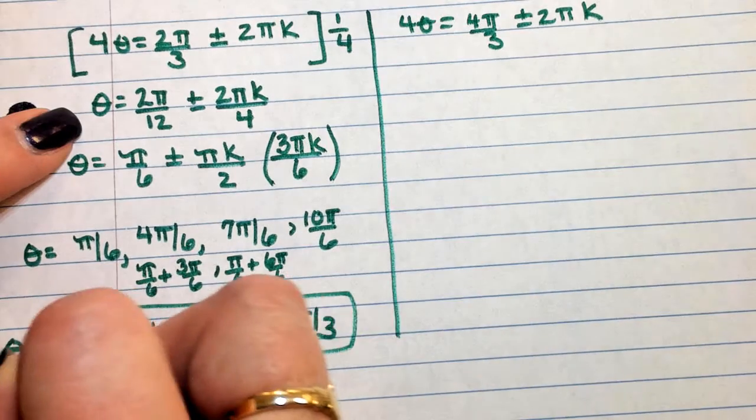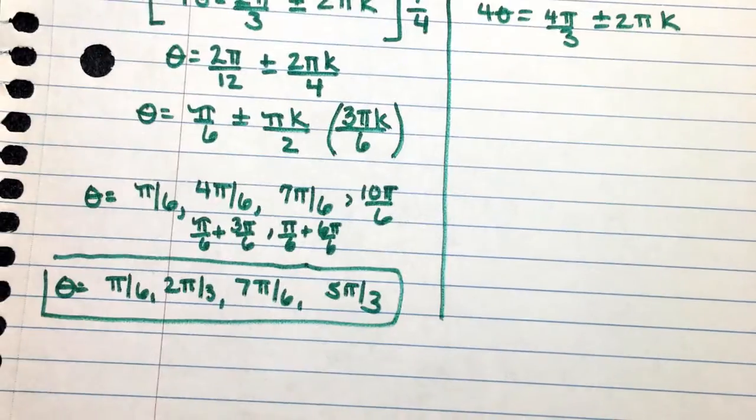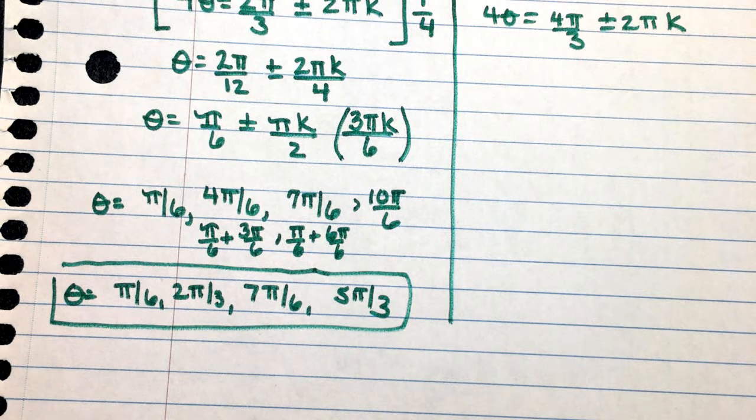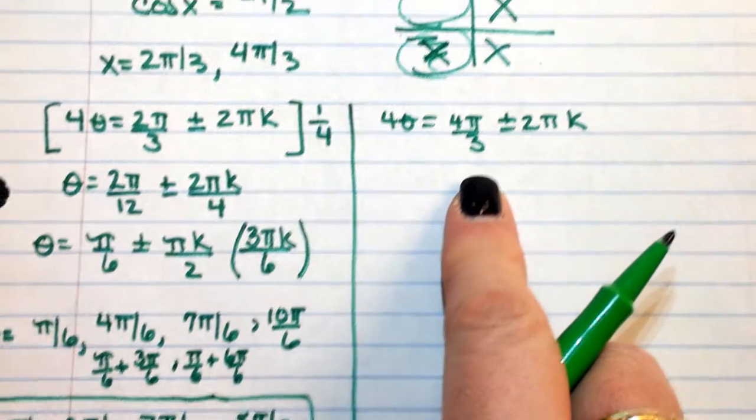How many answers do you think we are going to end up with? 8. I got 4 out of my 8. And if I'm going to guess correctly, it's probably going to be all those members of the pi over 6 and pi over 3 family that I did not get from this side. But again, let's double check it.